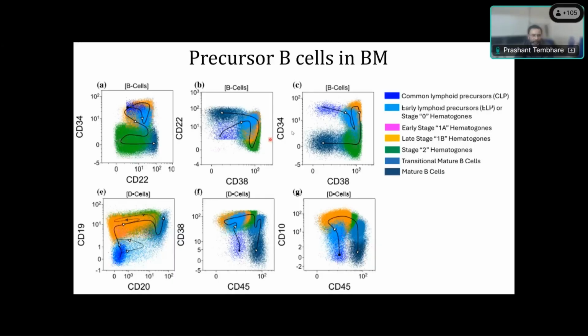So stage 0 hematogones are CD19 negative, CD45 weak, CD22 positive, CD34 positive, CD10 weak, CD38 moderate. Some stage 0 hematogones also express CD20. That means CD20 expression starts appearing before CD19.